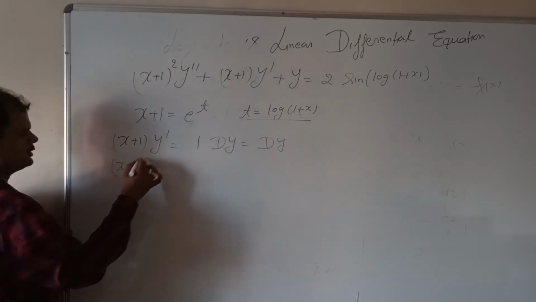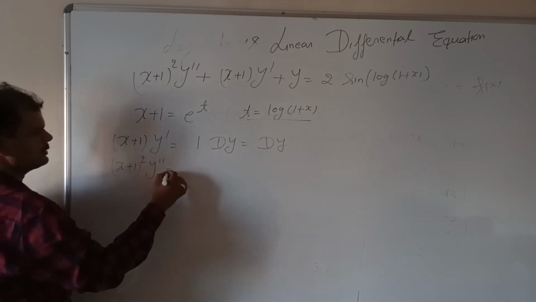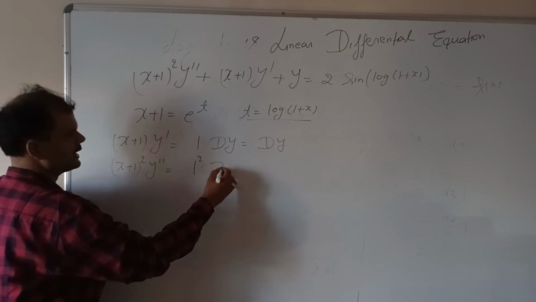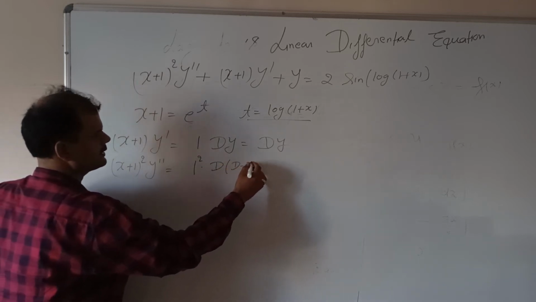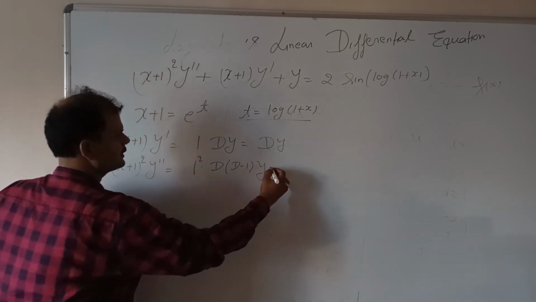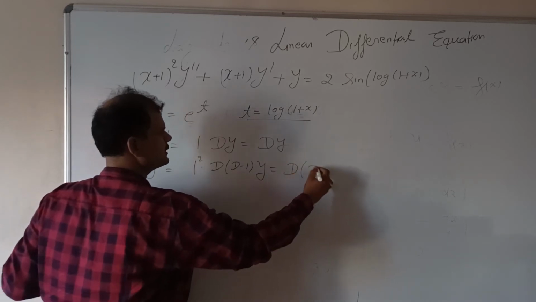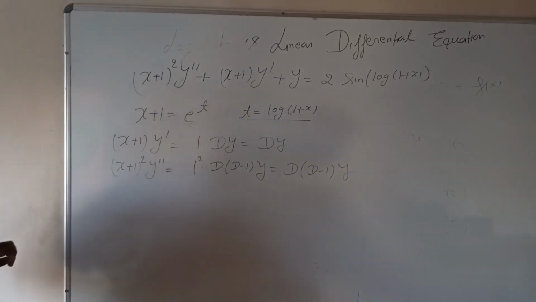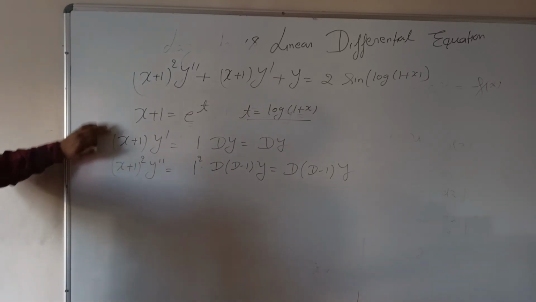(x plus 1) whole square y double dash equal to a², a² means 1 square, and D(D minus 1) y. Fine. So we will substitute this here.